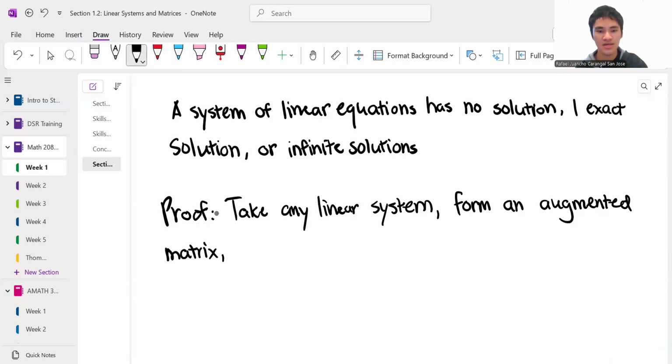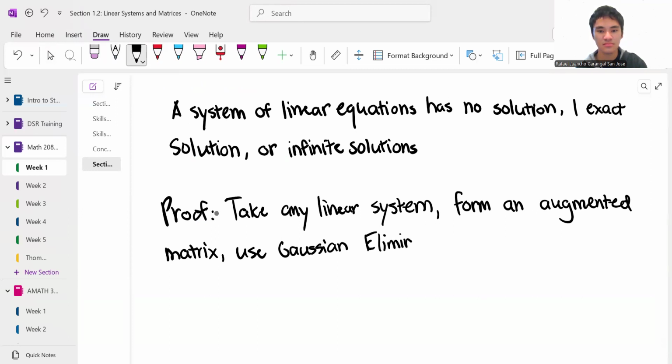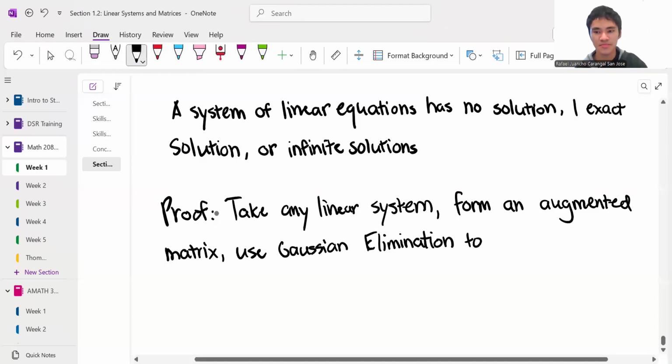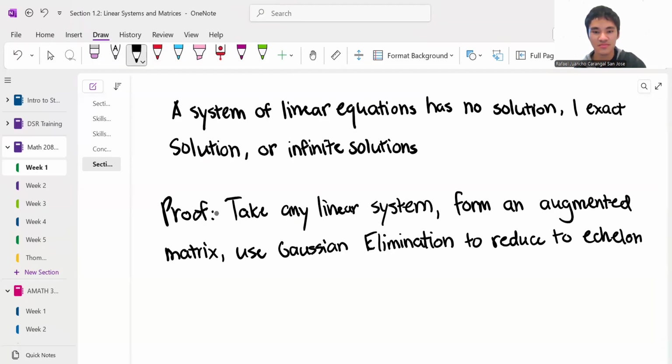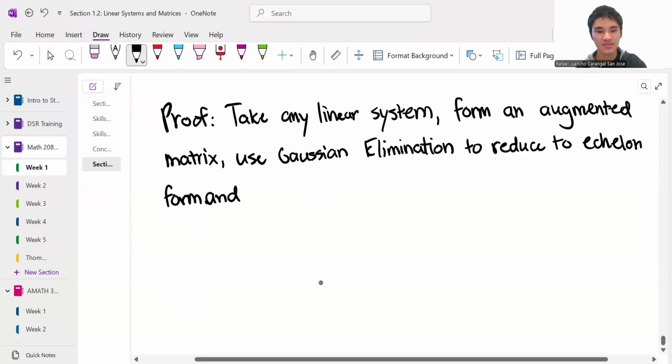And then we use Gaussian elimination to reduce the matrix to echelon form. So what we've been doing, right? Now we have it in echelon form, let's say we do have it. And what we do is back substitution to get solutions.